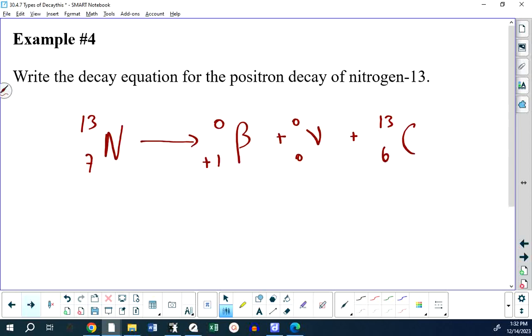All right. I want to now talk about the net change. This has 7 protons and 6 neutrons. Just run that through your head. This has 6 protons and 7 neutrons. Yes?